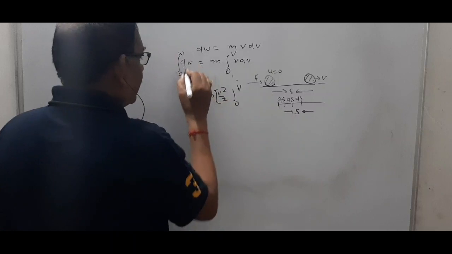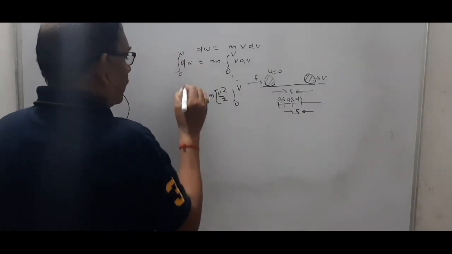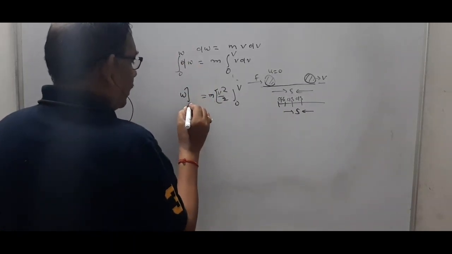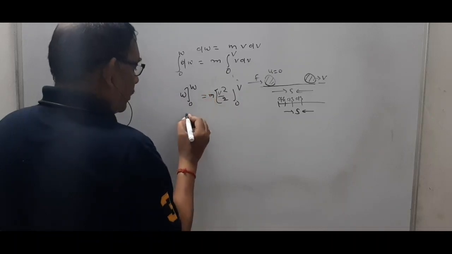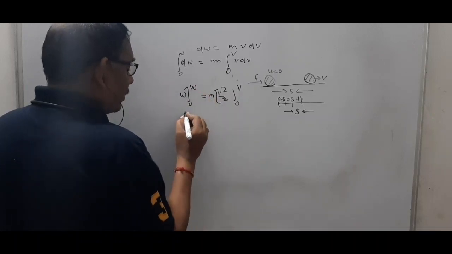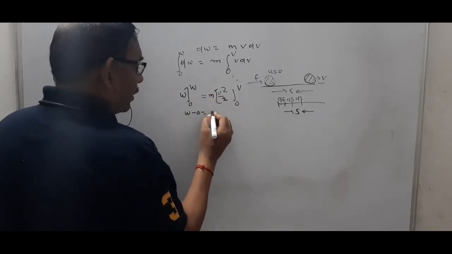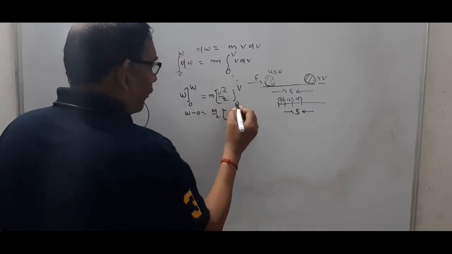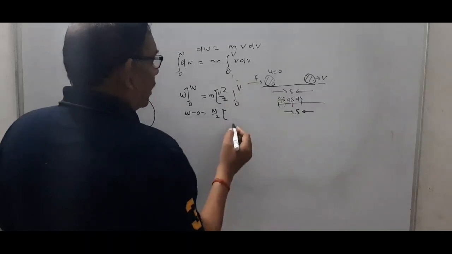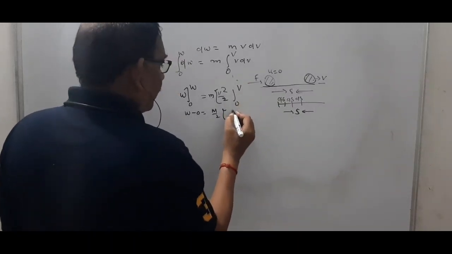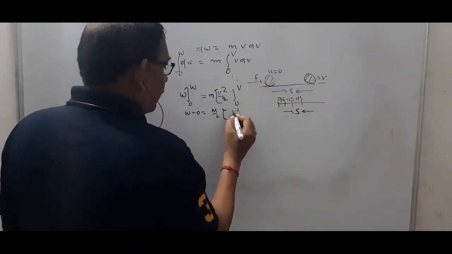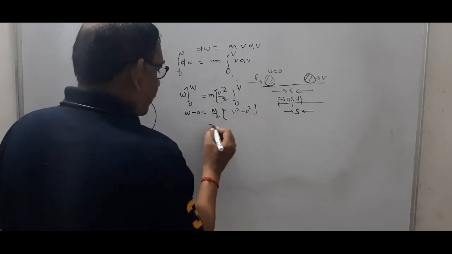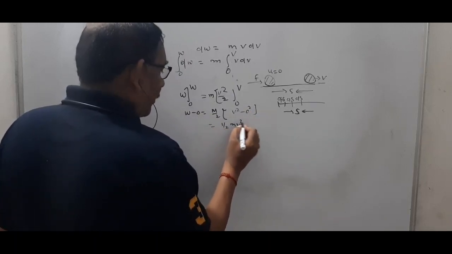The integration of dW is W, the final value minus the initial value. Taking half common outside, and putting the upper limit minus the lower limit, it is v square minus 0 square. So W is half m v square.